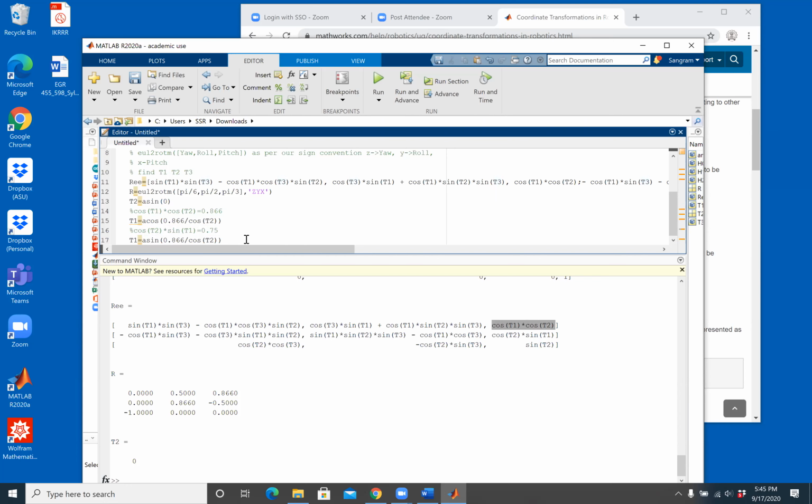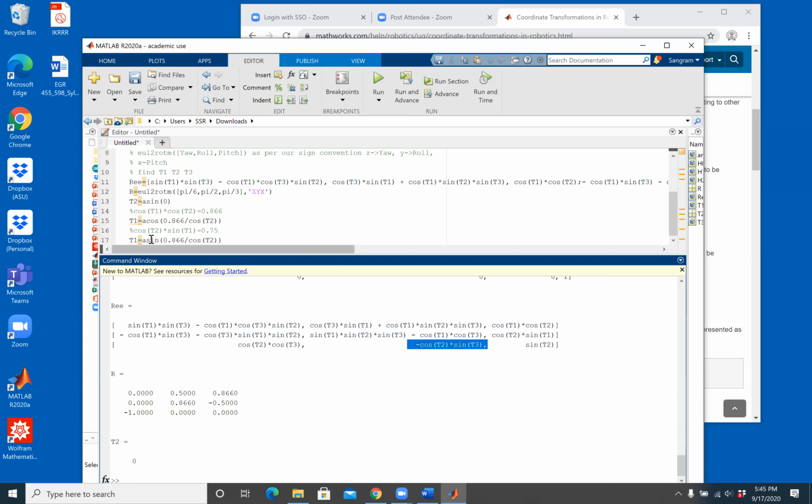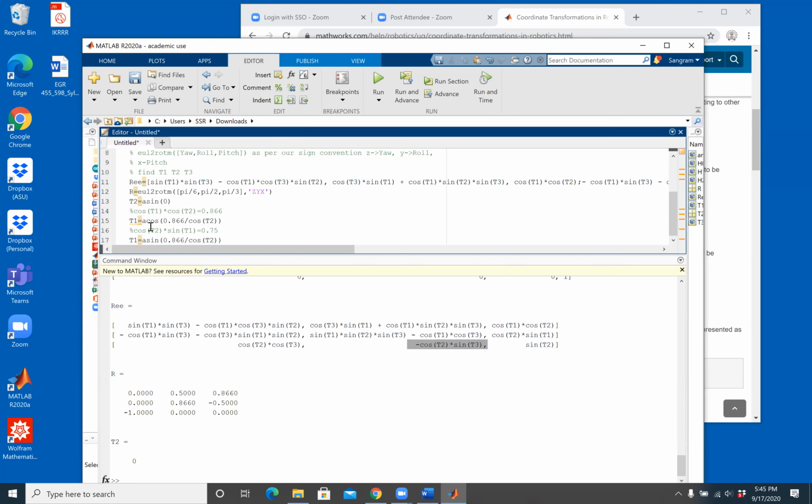And the last one, I need to find out the value of T3. For the value of T3, I'm going to choose this equation: minus cosine T2 multiplied by sine T3 is equal to 0. So what that means is T3 is equal to arc sine of 0 divided by cosine T2. Okay.